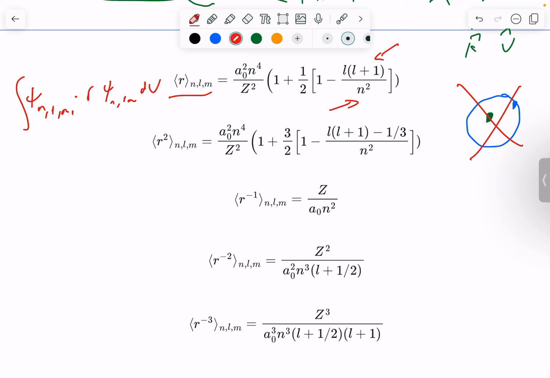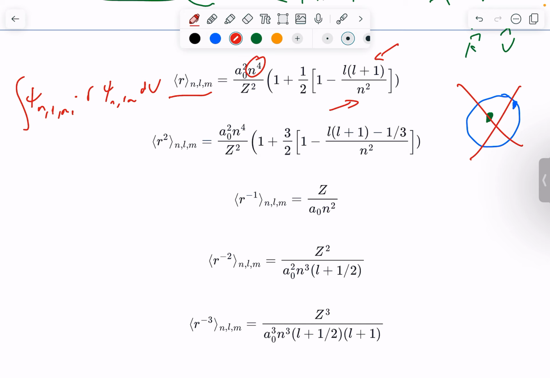Here already you can see something very interesting. The average distance grows with quantum number n, as n to the power of 4, and it also depends on quantum number l. So there's going to be a nice interplay between quantum numbers n, l, and the average position of the electron.